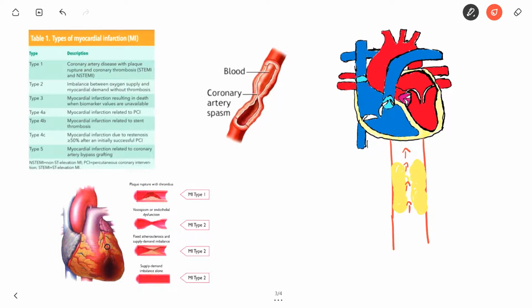Now, coming back to a type 2 myocardial infarction, the problem doesn't have to be atherosclerosis. It can be some other condition. Maybe your artery gets constricted, and that is called a spasm.